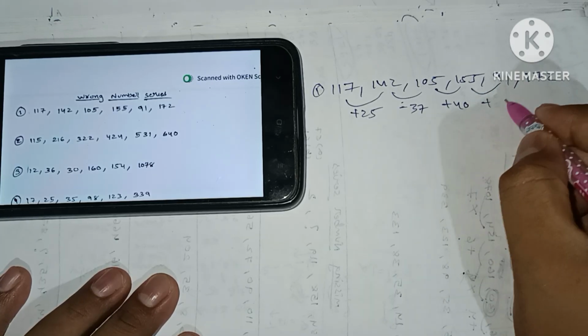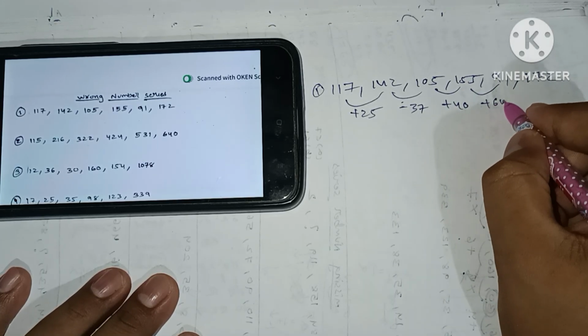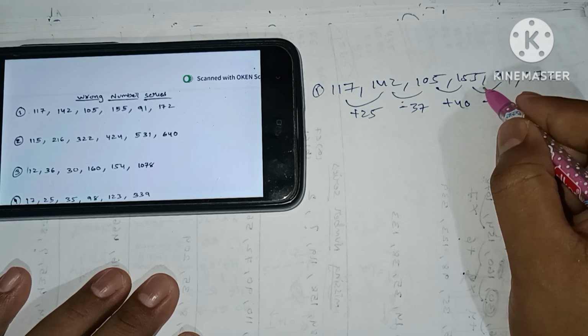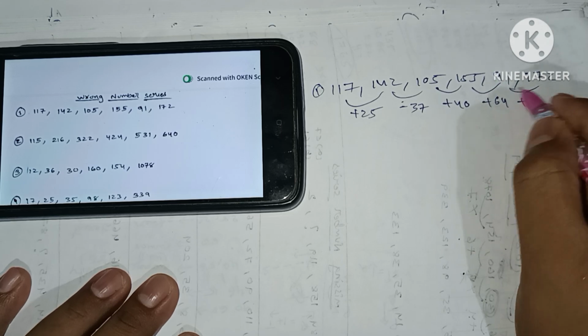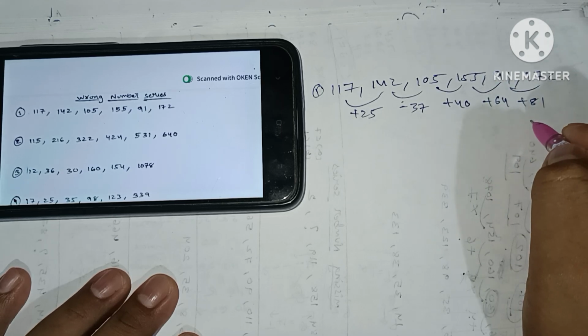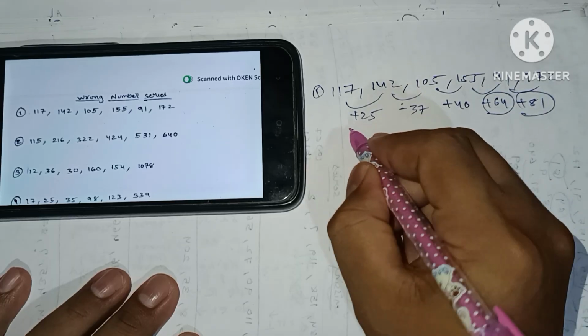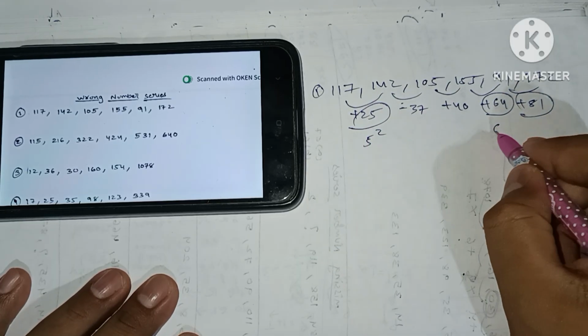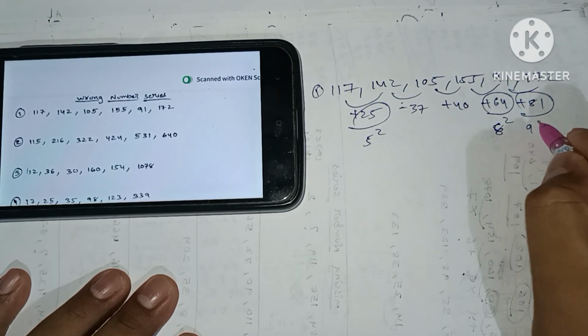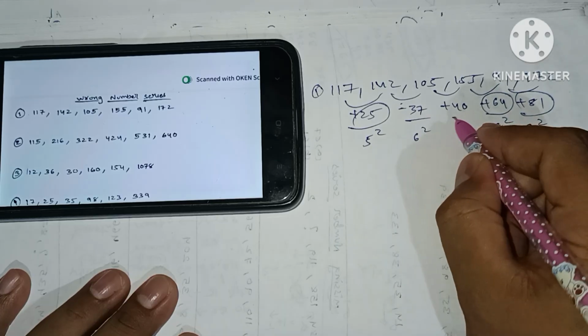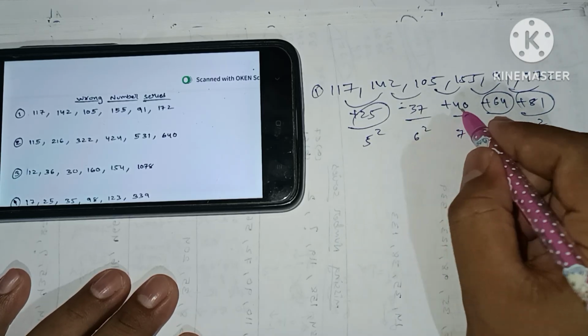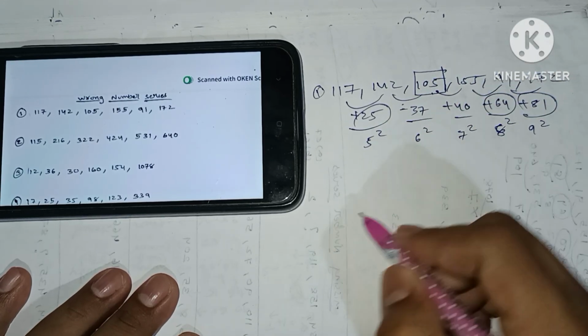Here the difference is 9 and this will be 64. Here the difference is 81. So it is clear that these are square numbers. 5 square, this is 8 square, this is 9 square, so it must be 6 square and this must be 7 square. These two are wrong, so in between them is our wrong number.